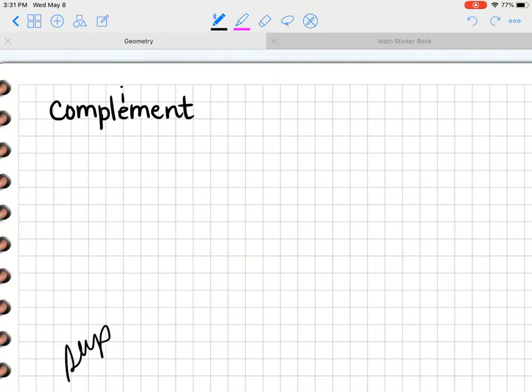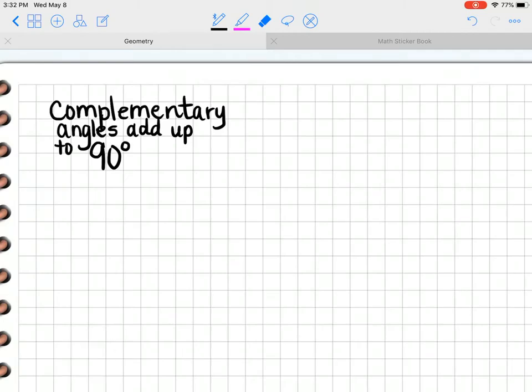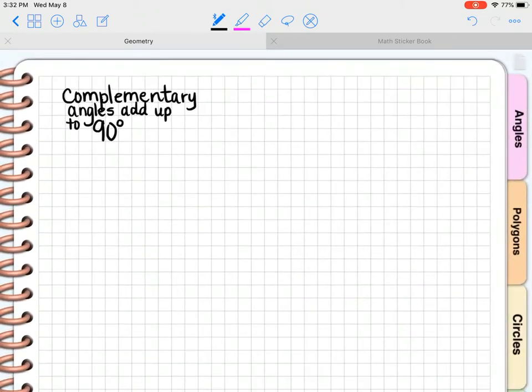We are looking at a mathematical complement. So complement or complementary angles add up to 90 degrees. I want you to get an image in your mind of what 90 degrees looks like from our last video.